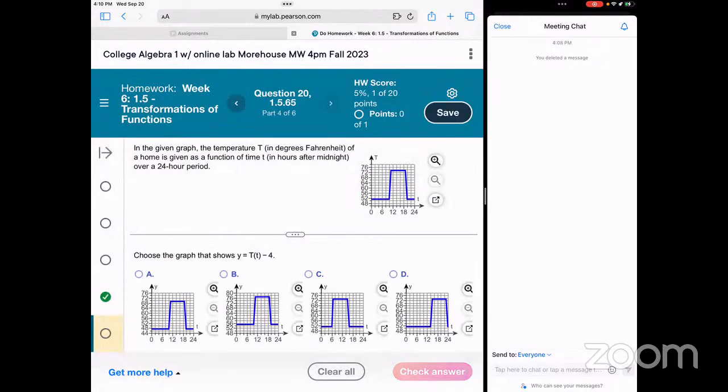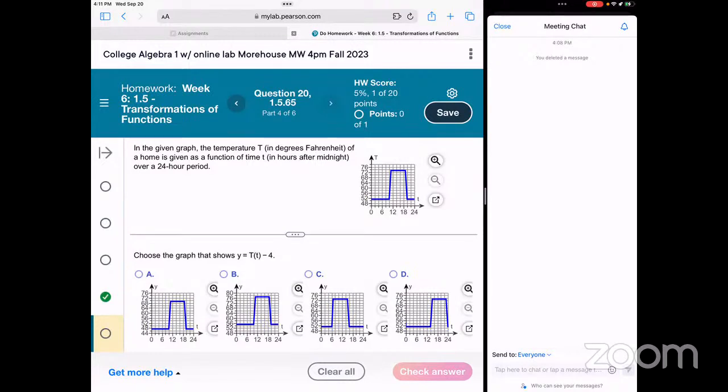So the one that went down by 4. So the temperature change needs to occur about at 11 o'clock. So 6 does look like it's correct. 6, I mean B. And then we dropped it down by 4, so that needs to be 47.